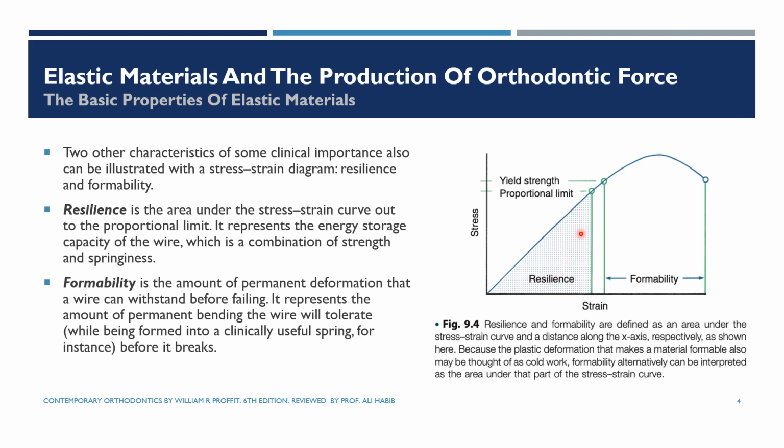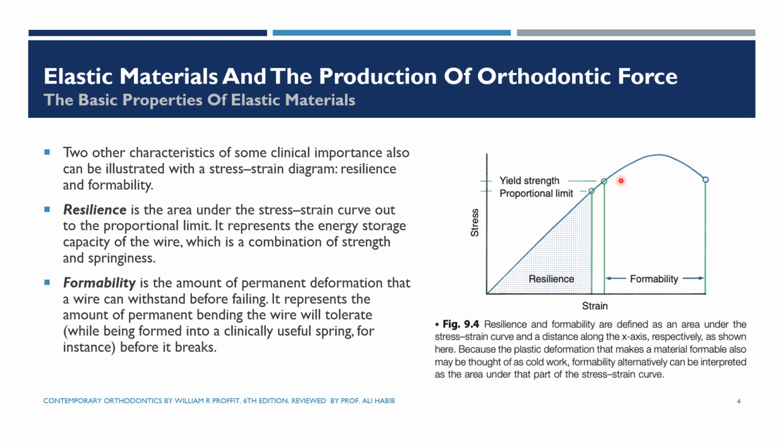Formability is the amount of permanent deformation that a wire can withstand before failing. So it's in the plastic limit. This one represents the elastic limit, and this is the plastic limit. So if the wire is formable, it can withstand a lot of bending to create, for example, loops.